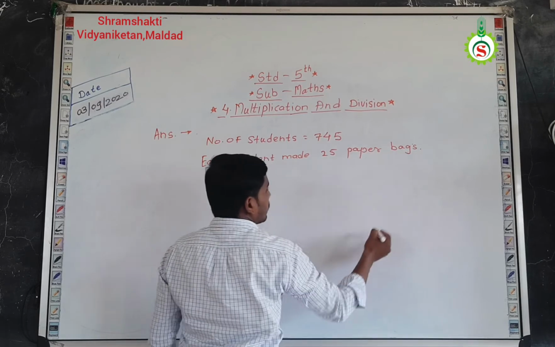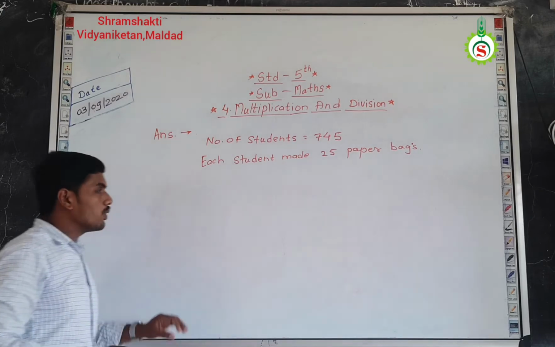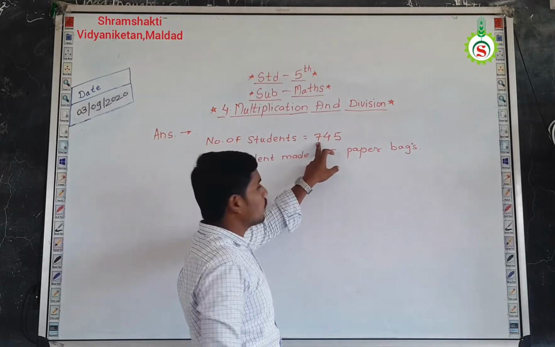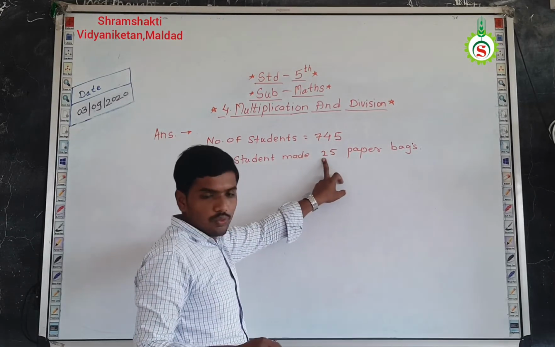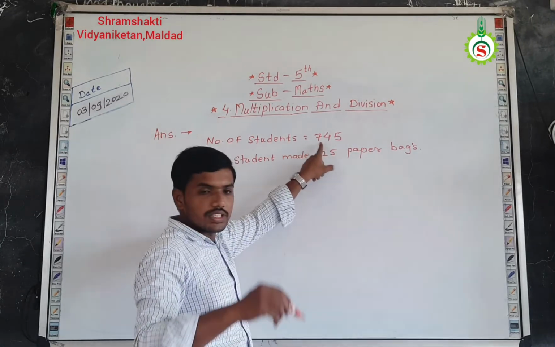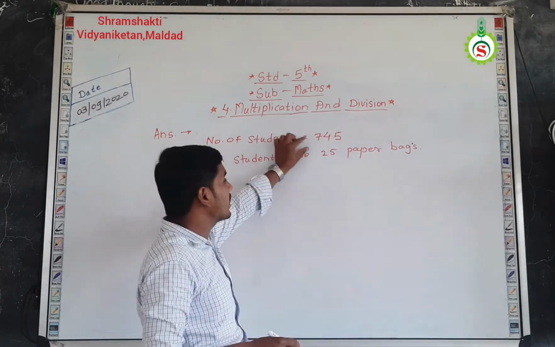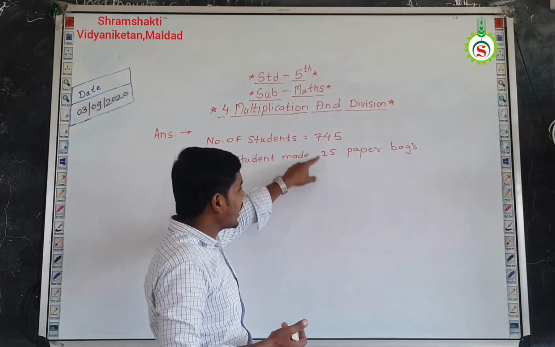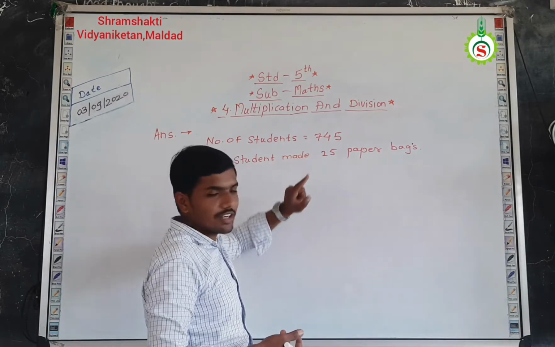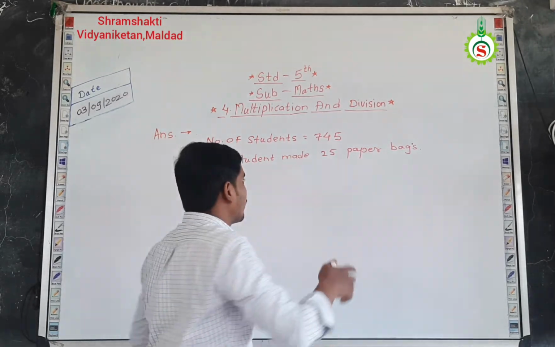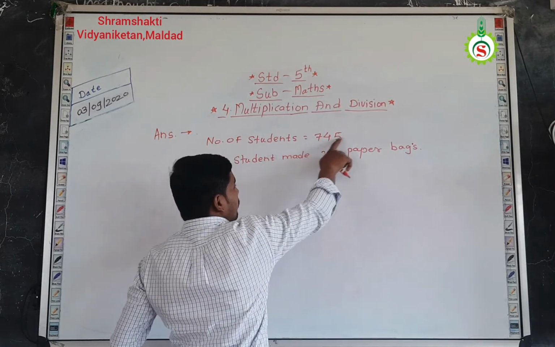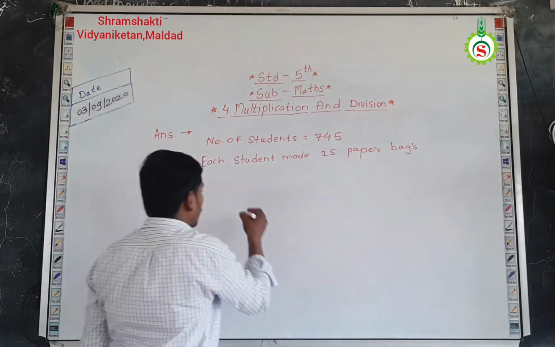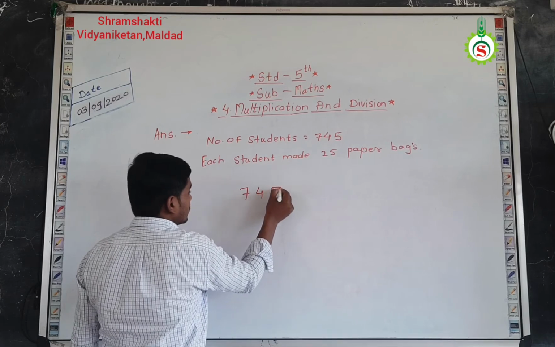Now we have to calculate the total made by the 745 students, because a single student made 25 paper bags. If we want to calculate the total paper bags made by 745 students, what do you have to do? Either add 25, subtract, multiply, or divide? Obviously multiply, because the number of students is 745 and one student has made 25 bags. So which is the larger number? 745.